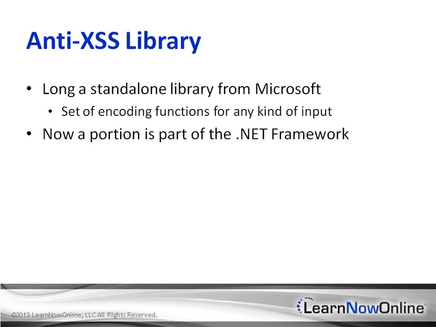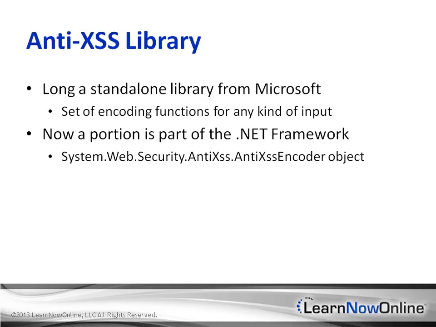Now, the big news is that Microsoft has incorporated the core anti-cross-site scripting library features into version 4.5 of the .NET framework. And they put it in the system.web.security.anti-XSS namespace, which is exposed through an anti-XSS encoder object. You can use methods of that type to encode data in various ways.